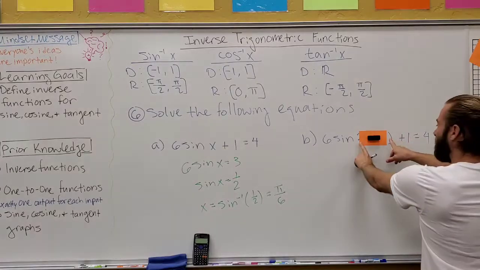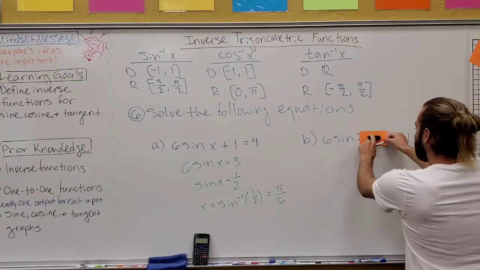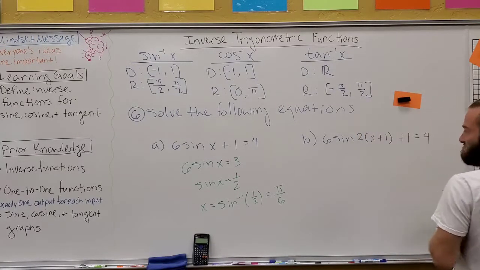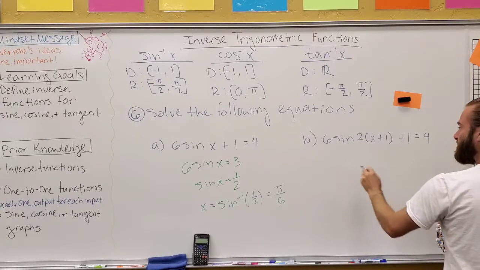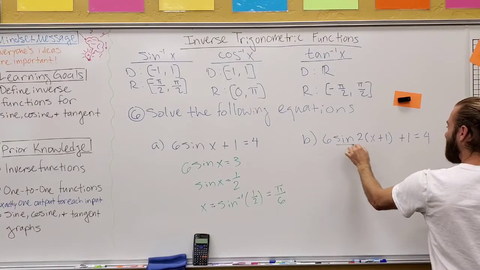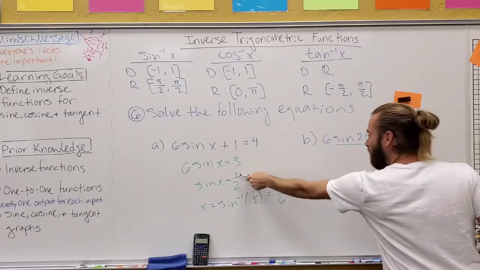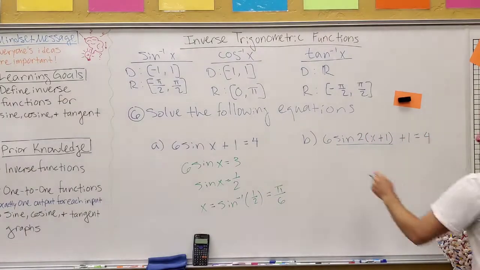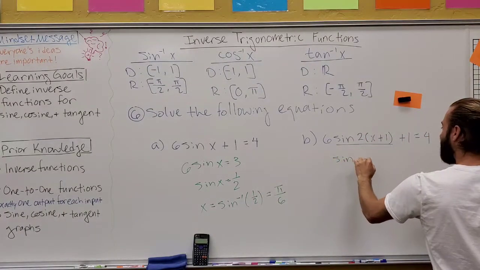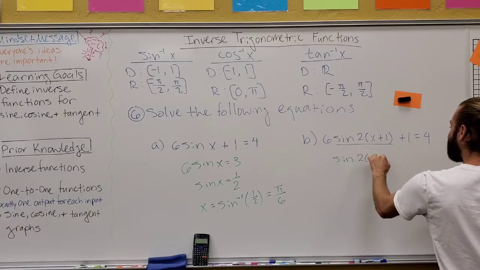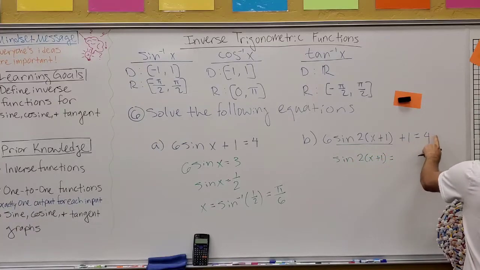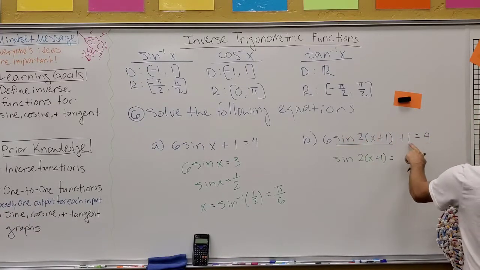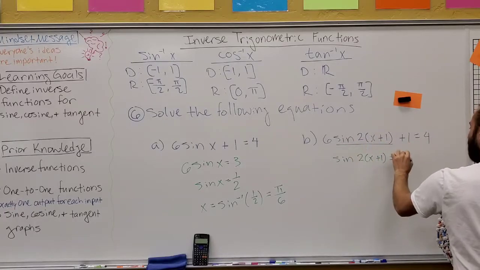Well, even though there's something weird in here, it's still okay, because we know this is still going to boil down to this equaling 1/2, right? So what I have here is 6 sine of 2(x plus 1) plus 1 equals 4. We subtract the 1 and divide by 6.